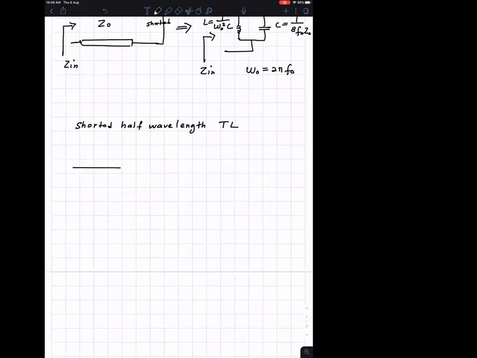So now we have a transmission line with the end shorted, and the length is half wavelength, with characteristic impedance Z naught.